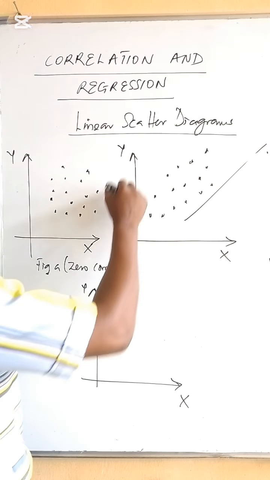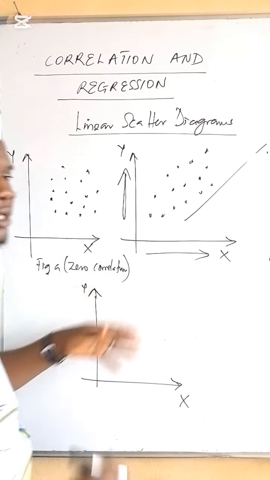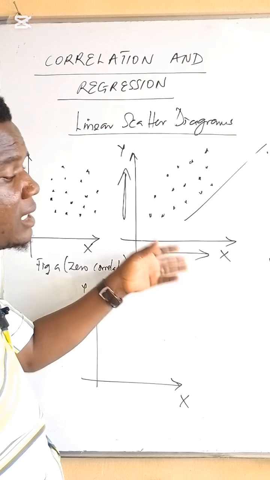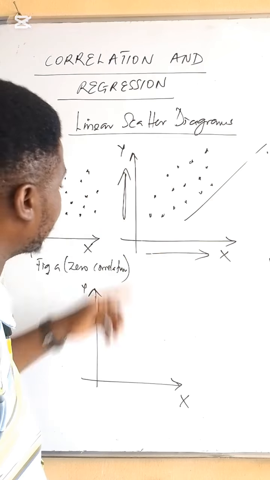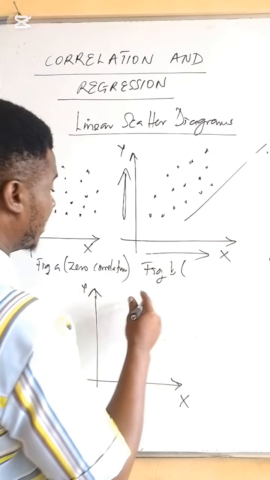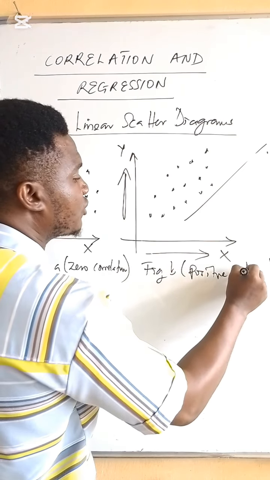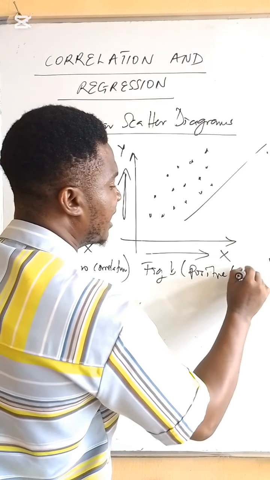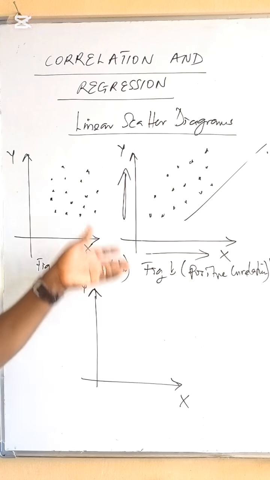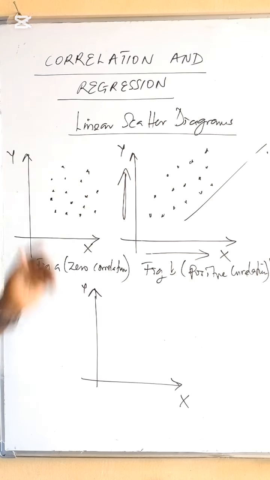In this instance, notice that an increase in x is obviously showing an increase in y, and an increase in y is also showing that there is an increase in x. This kind of correlation, which I'm going to call figure B, tells you that we have a positive correlation. So if an increase in x leads to an increase in y, then that kind of correlation, as determined by the scatter diagram, is a positive correlation.